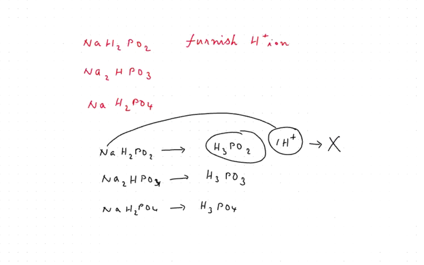They cannot come out. The structure is like this. This acid is able to give out only one hydrogen. Here it is able to give two hydrogen ions, but those two hydrogen ions are replaced by two sodium atoms. Therefore, this also will not furnish H plus ion.